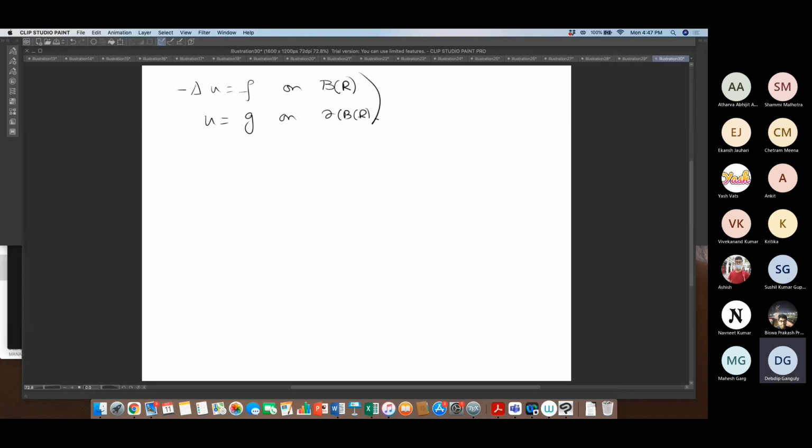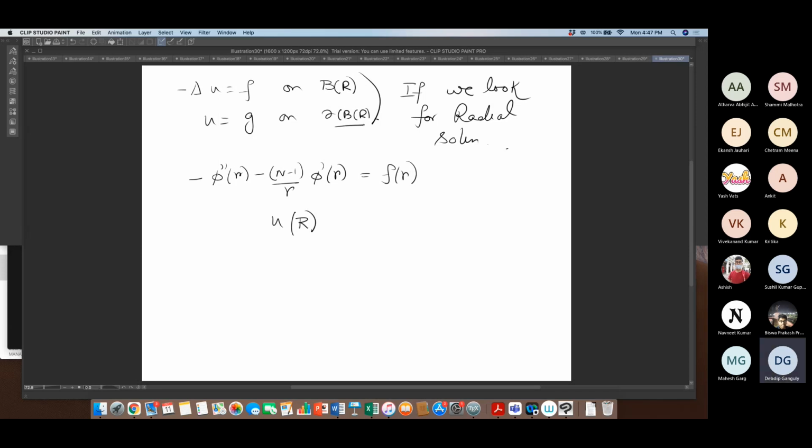If we look for a radial solution, then it will be minus phi double prime of r minus (n minus 1) by r phi prime of r is equal to f of r, and u of capital R, because at the boundary, is equal to g of r.